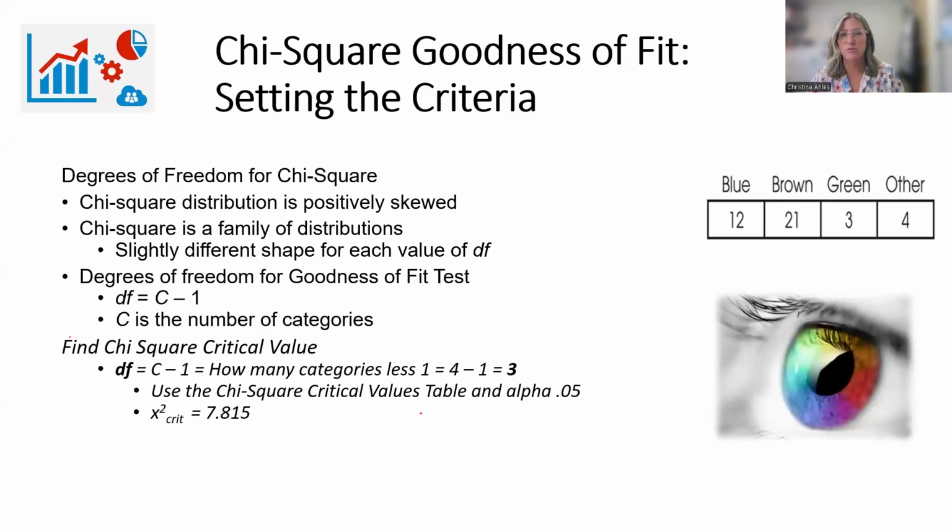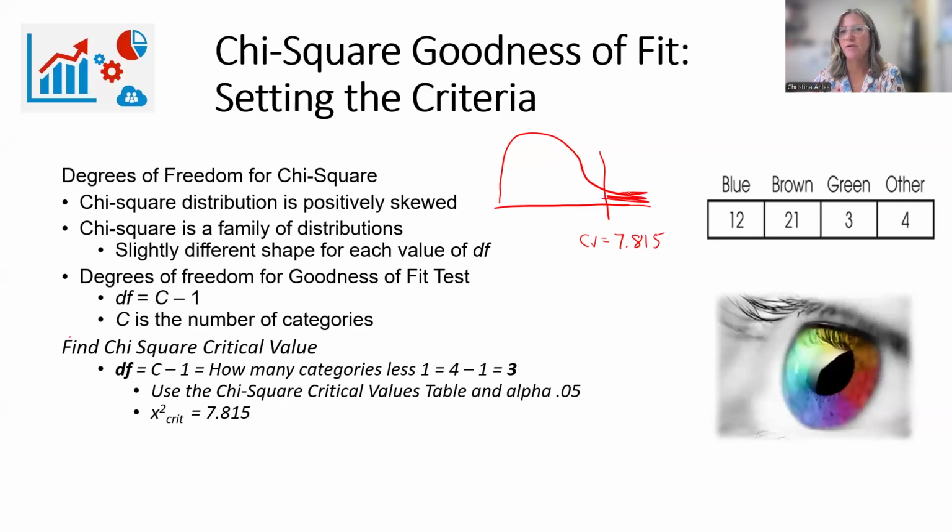Even though these are distribution-free tests, we're still finding the criteria kind of in the same way. And chi-square is similar to ANOVA in the sense that it's always going to be positive. So we're just using this distribution as an example. It isn't a normal distribution, but that's how the criteria is set up. So our critical value equals 7.815.